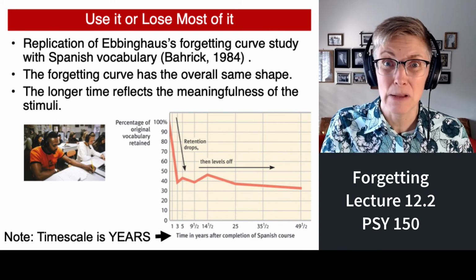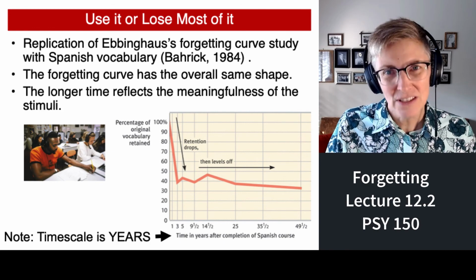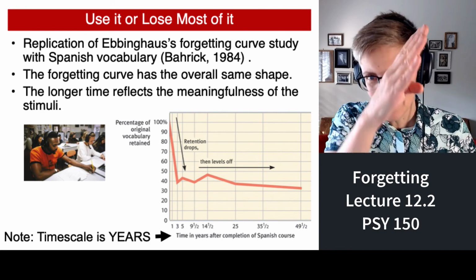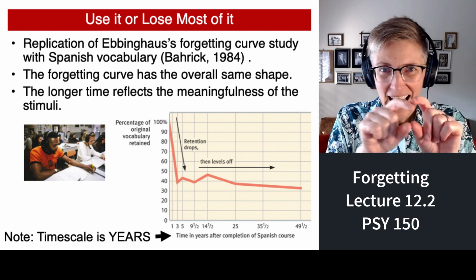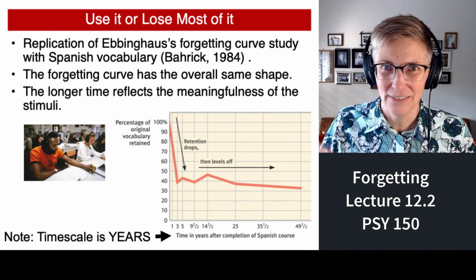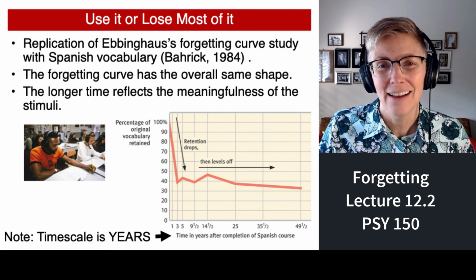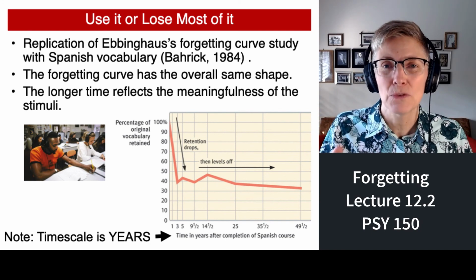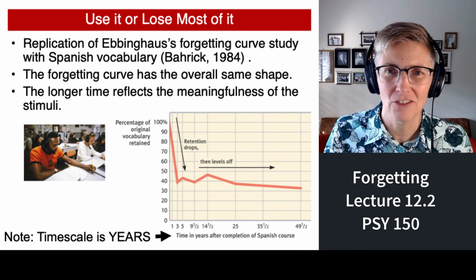They tested people's memory for Spanish that they had learned in that class. And you can see the drop is rapid. There's a lot of forgetting at first, and then it steadies off. But the axis is very different. 50 years is very different from 50 days. And that difference comes from studying meaningful material versus non-meaningful material. Okay, that's it. See you back here in a sec.